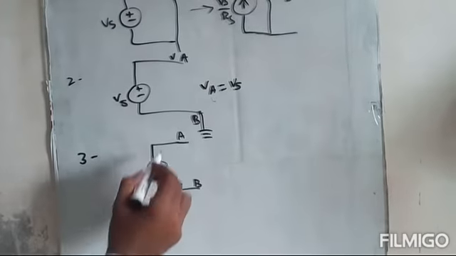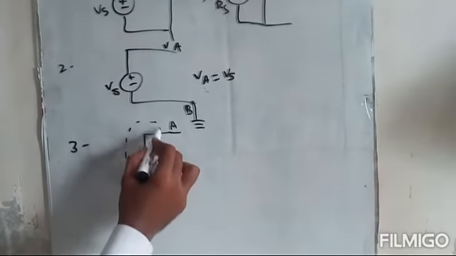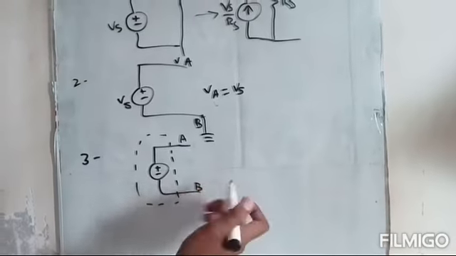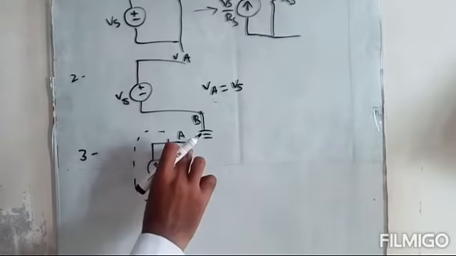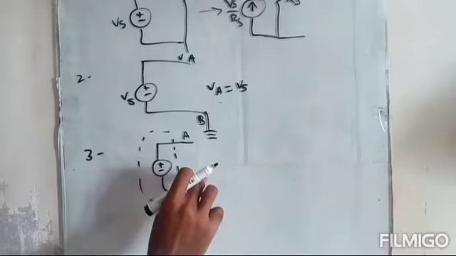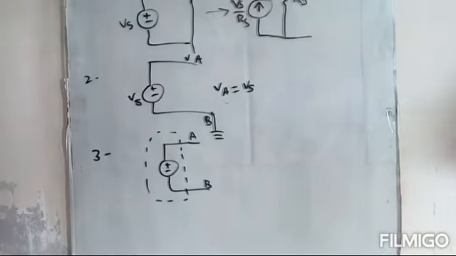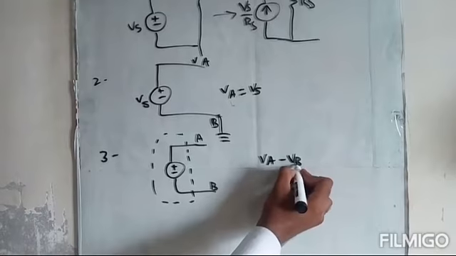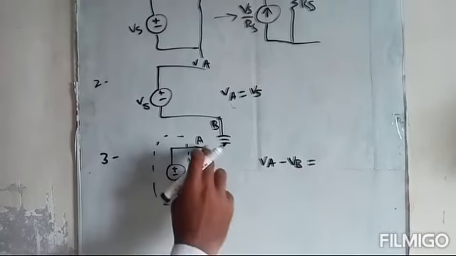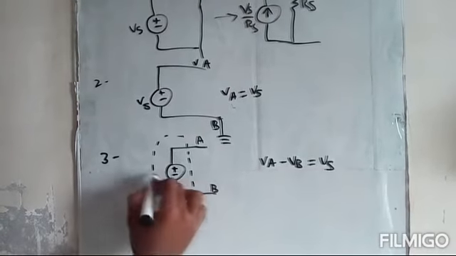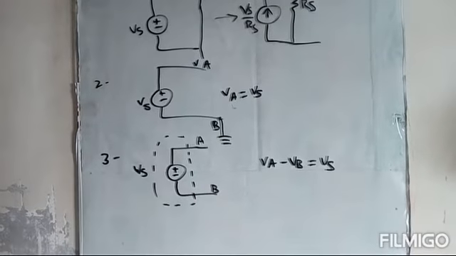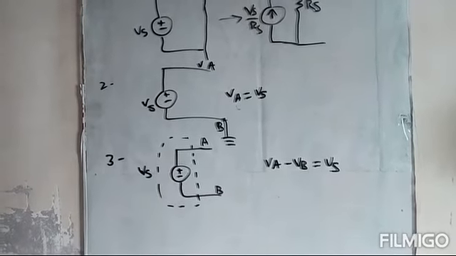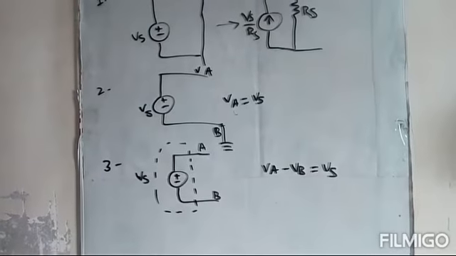So what we will do, we will make a super node and we will combine both these nodes as a single node, and we will write the KCL equation by adding the KCL equations of these two nodes, and the voltage will be equal to VA minus VB. VA minus VB will be equal to Vs.